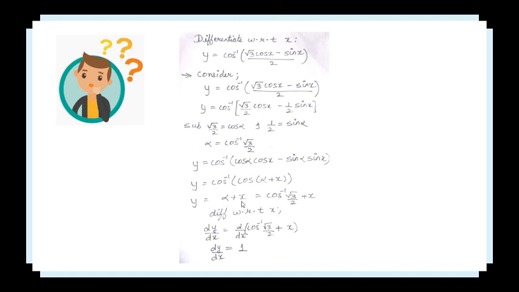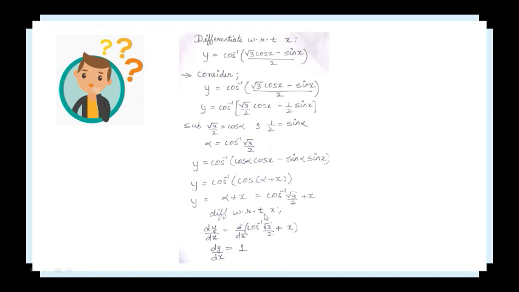Now, whatever we have substituted, I have substituted cos alpha as root 3 by 2 and alpha as cos inverse of root 3 by 2, you have to re-substitute over here. So alpha will be cos inverse of root 3 upon 2, plus x.